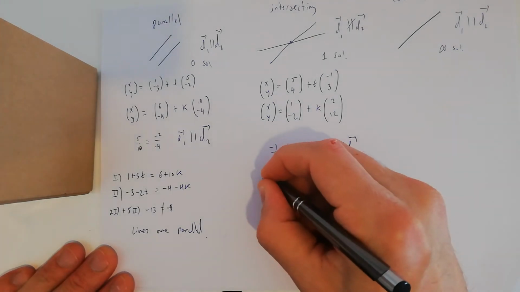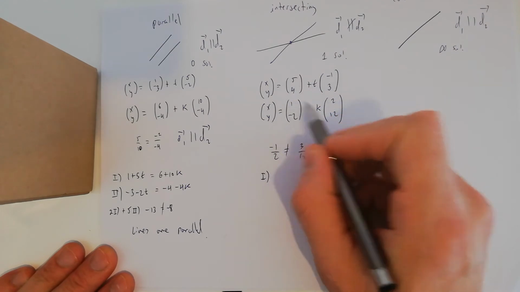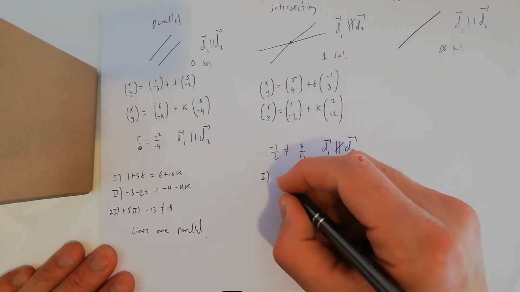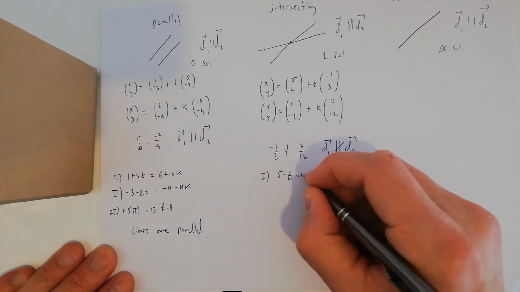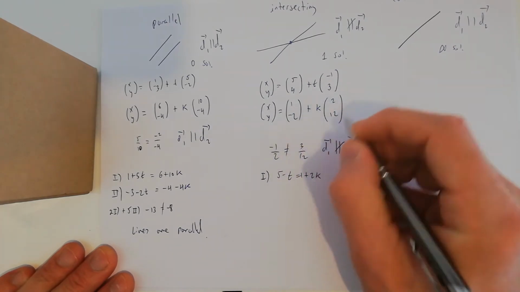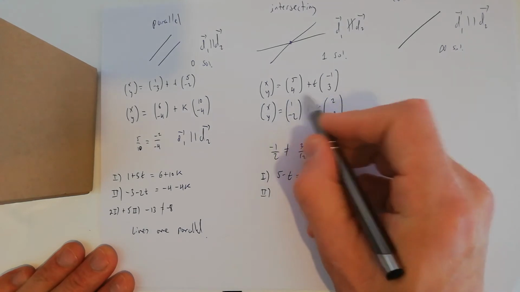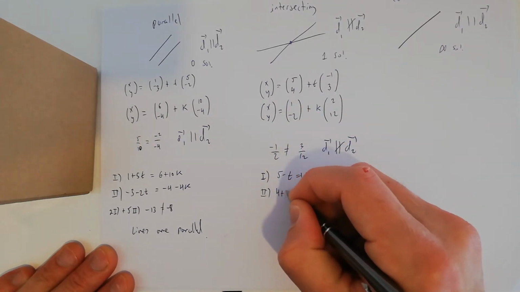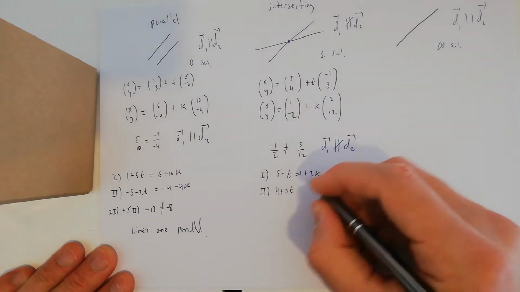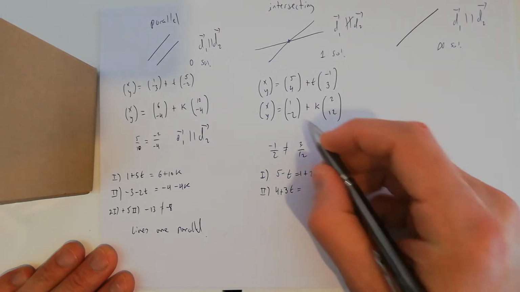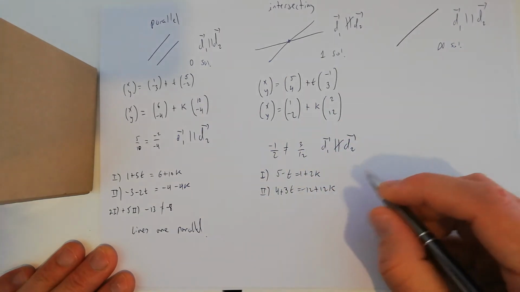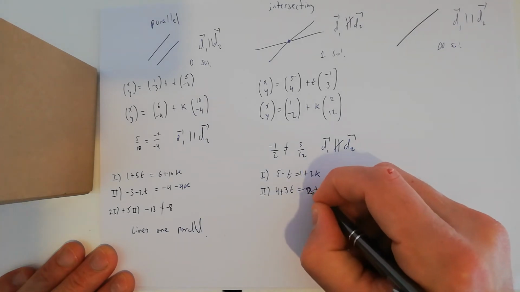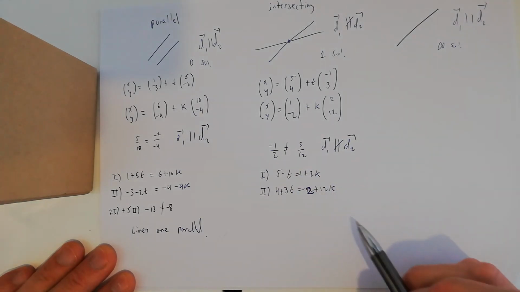Once again, we write a system of equations equaling the x's and the y's. So 5 minus t is the x of the first line, 1 plus 2k is the x of the second line, 4 plus 3t is the y of the first line, and -2 plus 12k is the y of the second line.